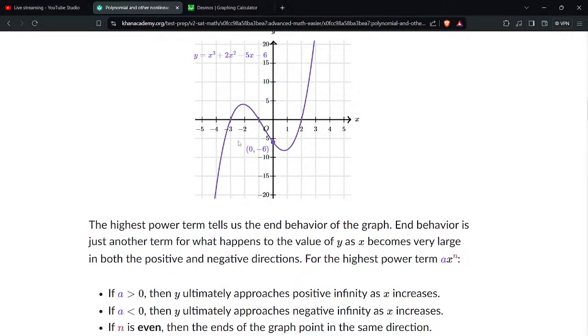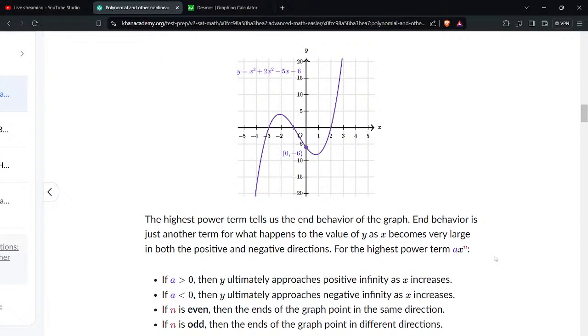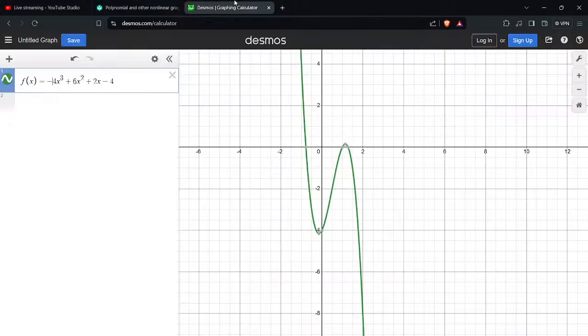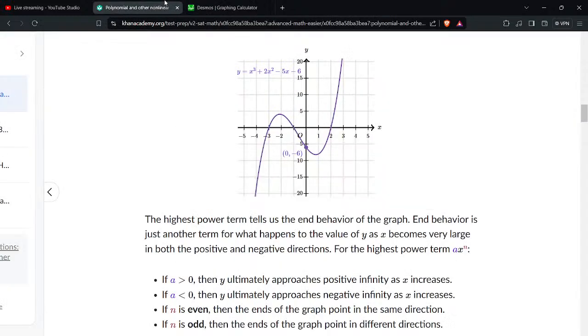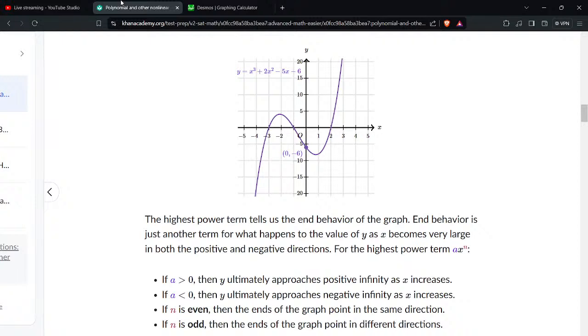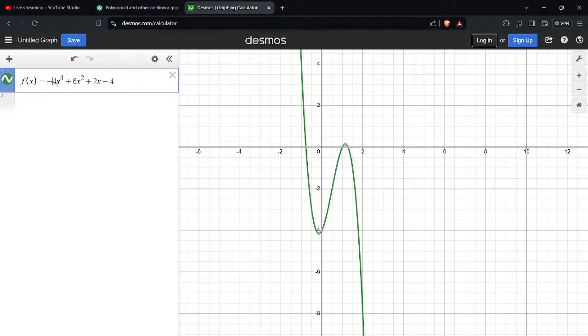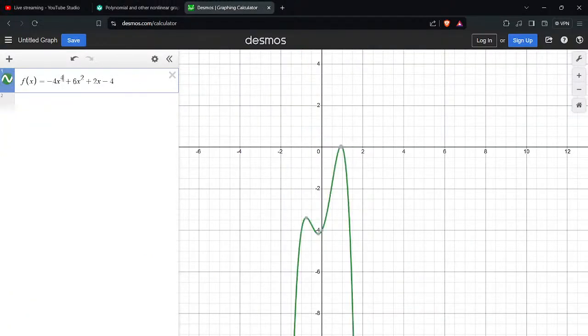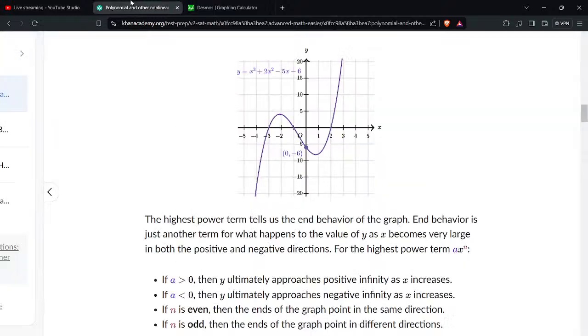If n is even, what is n? We just need to see the leading term. If n is negative, or different directions. Yo, this is so easy.